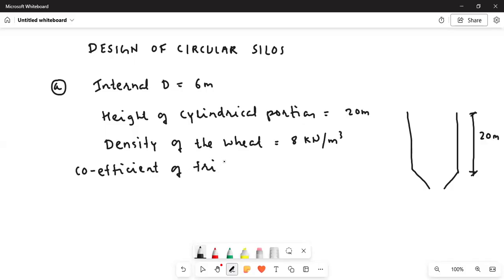Friction between the wall and the material is given. Mu dash equal to 0.444.